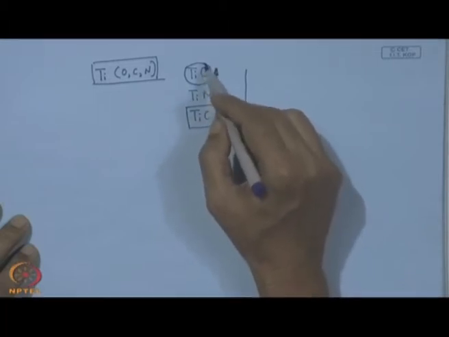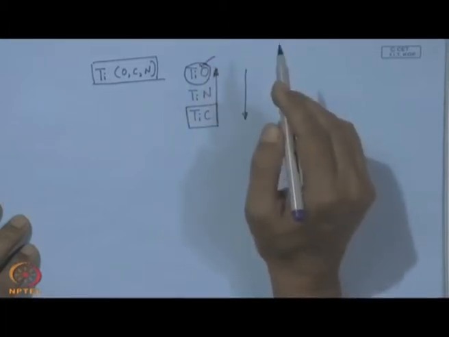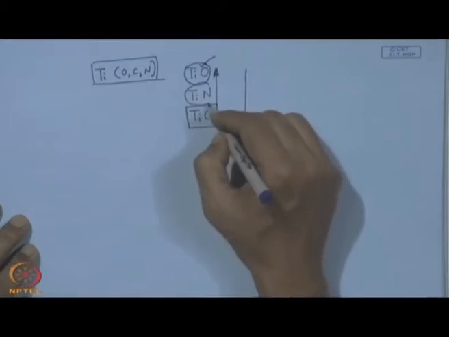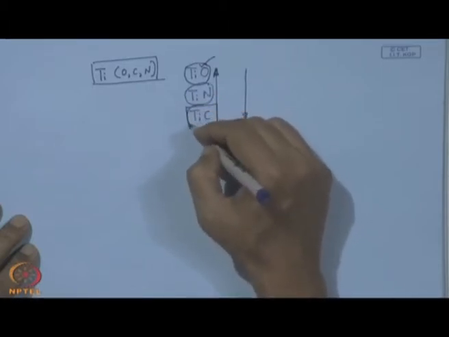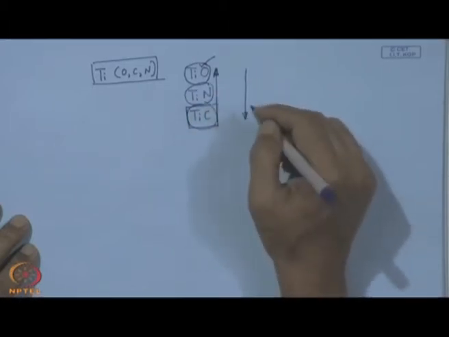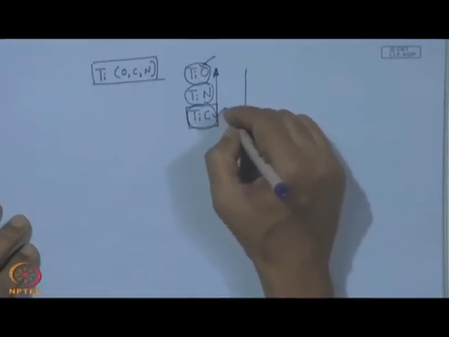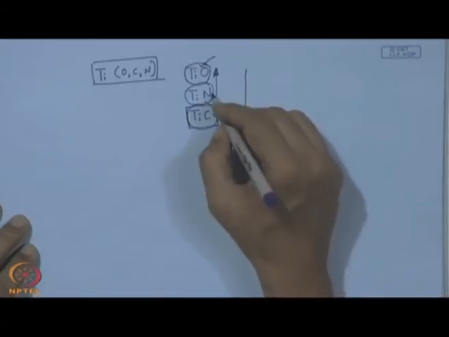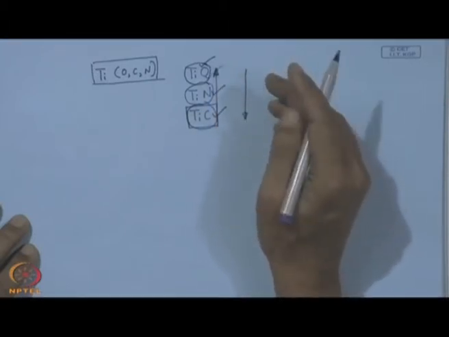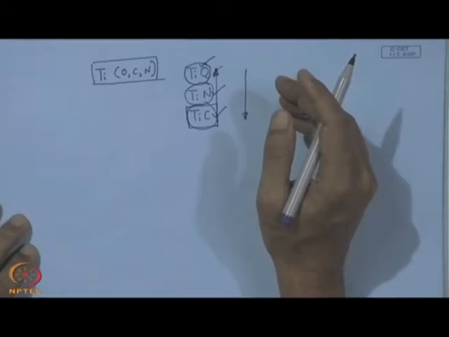So, chemical stability of TiO, that is the highest, TiN is in between and TiC at the lowest end. When it is the hardness, it is TiC best, then TiN, and TiO is the last choice.